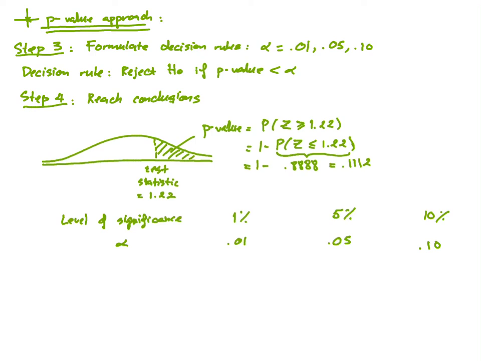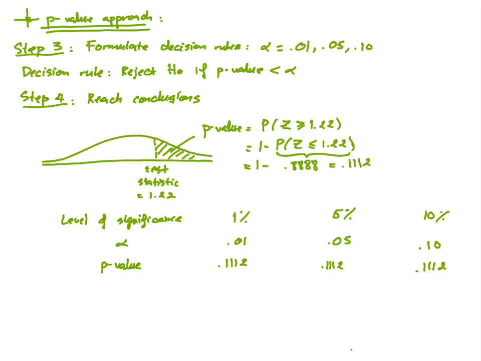Right? We only have one test statistic, so we only have one p-value. So the p-value is 0.1112 for all these cases.